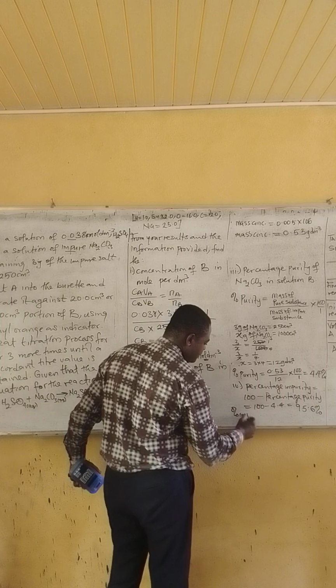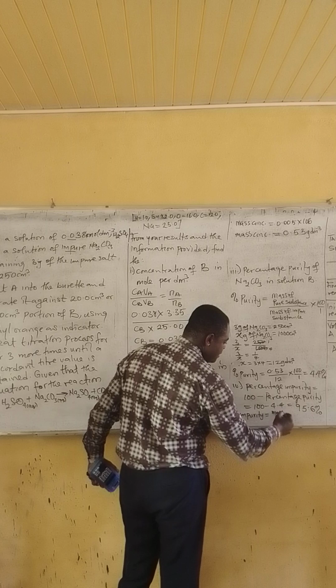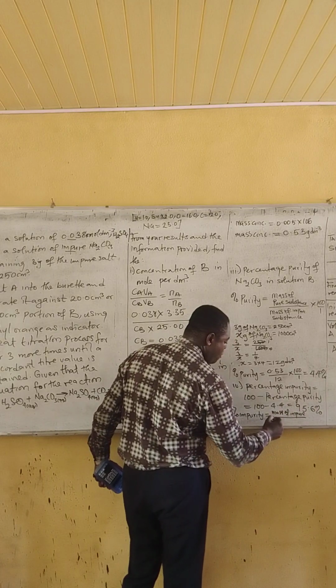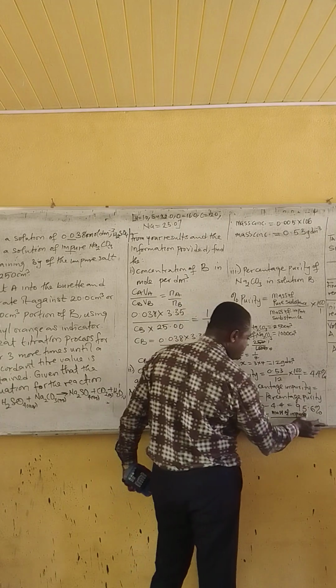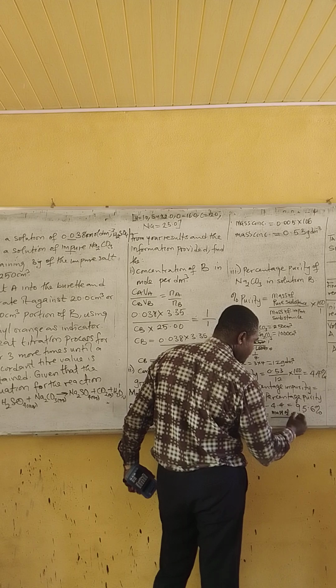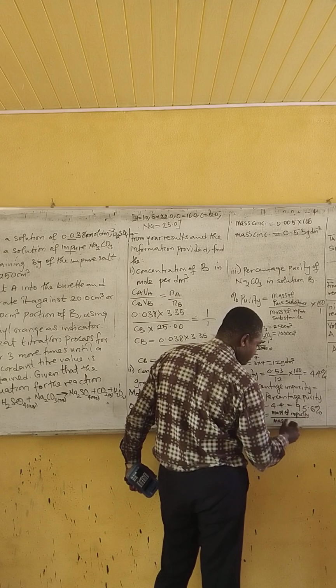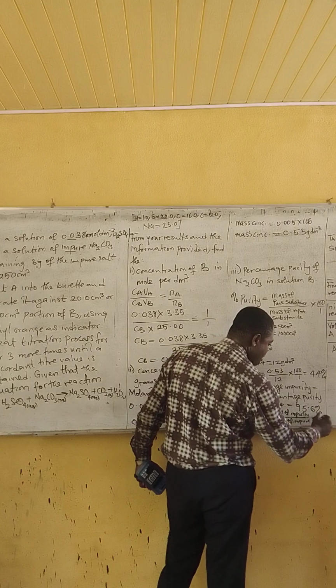The other way: percentage impurity is equal to mass of impurity over mass of impure, times 100 over 1.